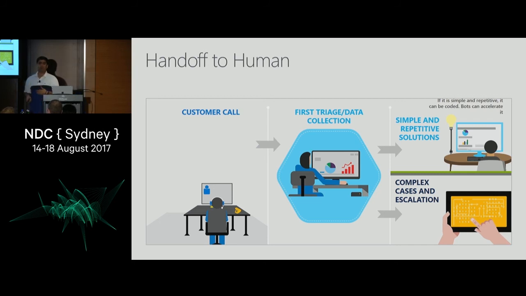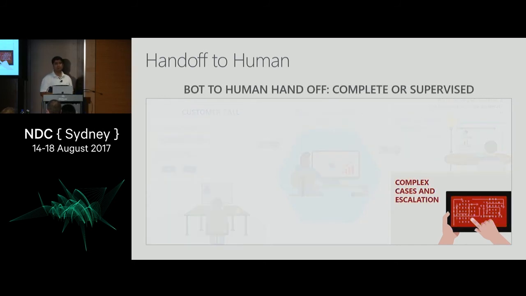But when it comes to handling complex scenarios, either you could do what I did in the previous demo by having this back channel support between a portal where the CSR agent can see all the comms that are happening between bots and users, and they can step in whenever they want to, and they can supervise the whole conversation that's happening throughout.